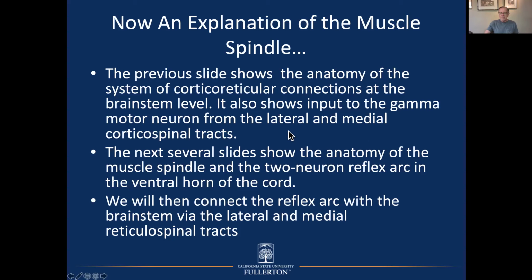The next several slides are going to show the anatomy of what's called a muscle spindle, which I haven't mentioned before, so it should not sound familiar. And also the two-neuron reflex arc in the ventral horn of the cord. I mentioned that there was a two-neuron reflex arc, and we're going to look at that in some detail. And then we will connect the reflex arc with the brainstem via the lateral and medial reticulospinal tracts. Hopefully it all kind of comes together.